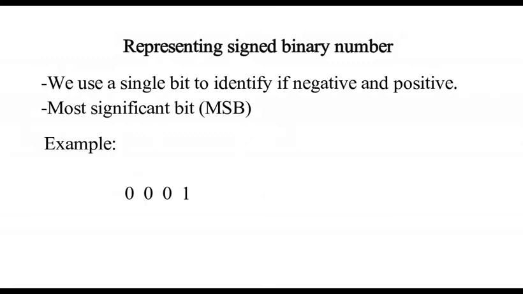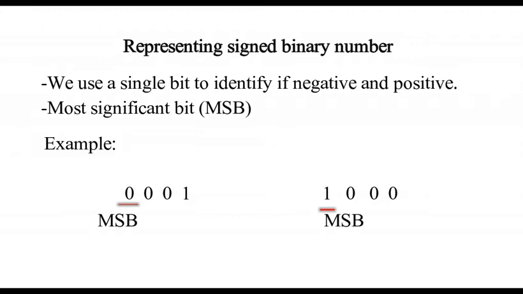Let's say the binary number 0001. This is the MSB, or the most significant bit, in this example. Another example, 1000. 1 here is the most significant bit of these given binary numbers. Okay, so I hope it's understandable what the meaning of MSB is.